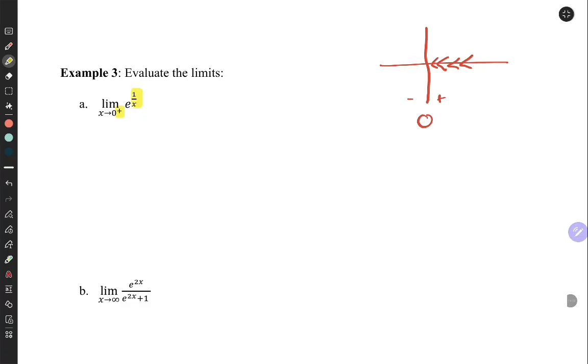Anyone have the same? Any other answer besides positive infinity? Anyone say 0? It's positive infinity. Do you know why?